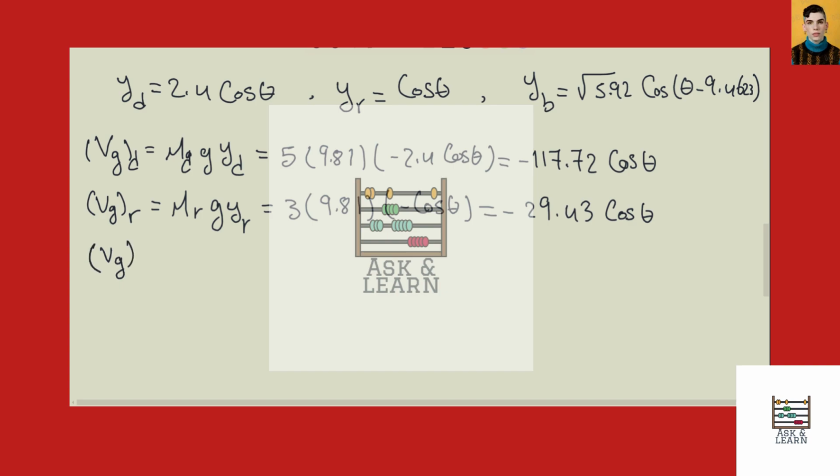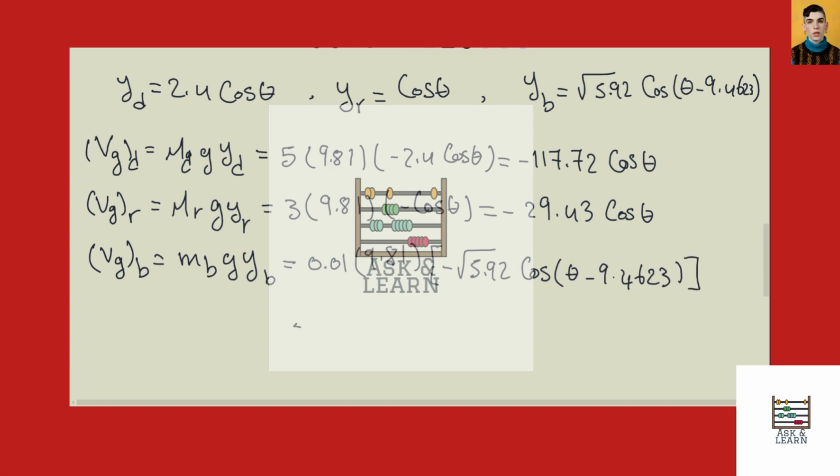And VGB equals MB G YB, equals 0.01 times 9.81 multiplied by negative root 5.92 cosine theta minus 9.4623, which is equal to negative 0.0981 square root 5.92 cosine theta minus 9.4623.